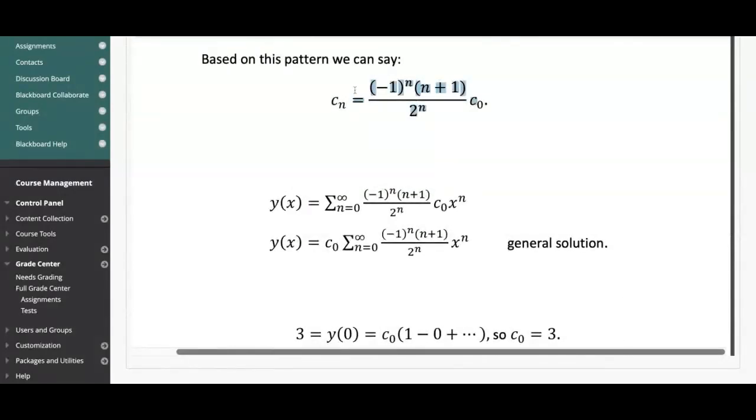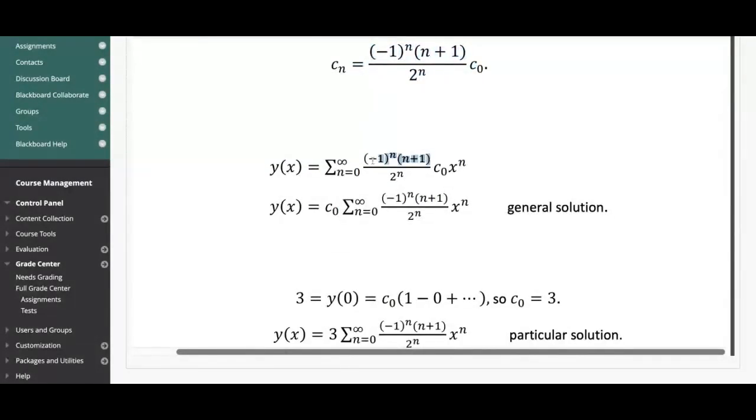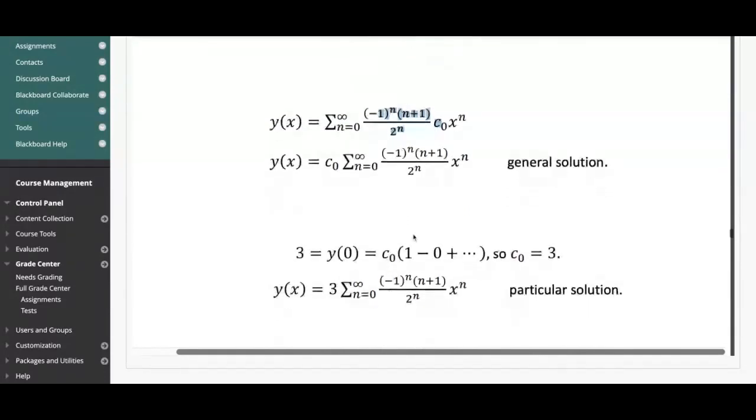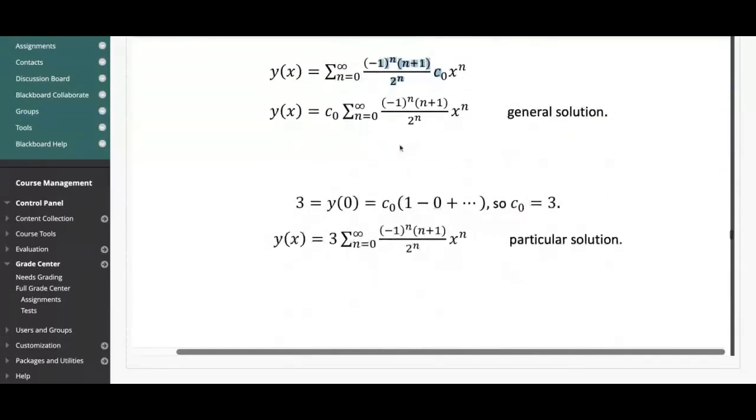So to get a general term of Cn, we plug back in to our solution.